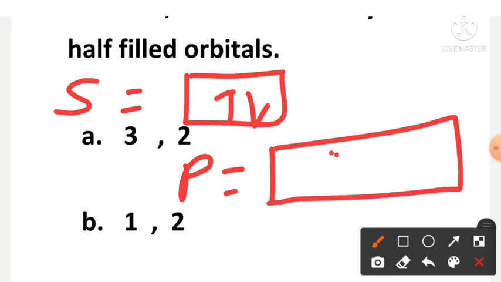P has 3 orbitals and we have to put 1 electron in each one by one.